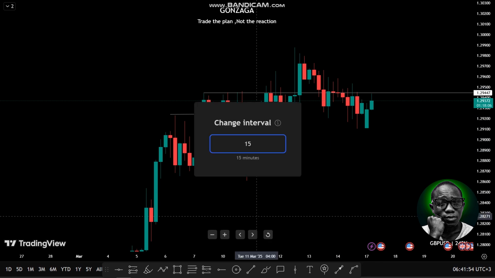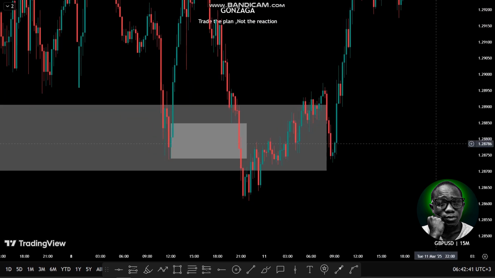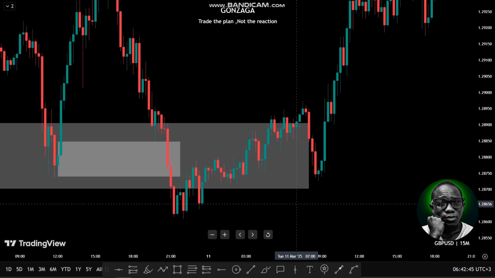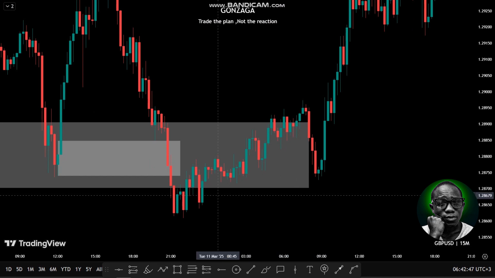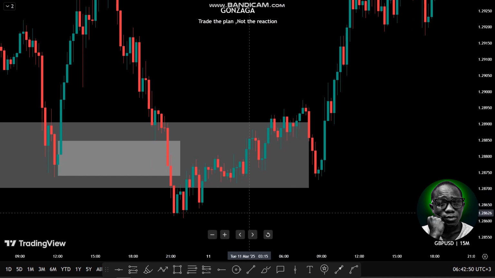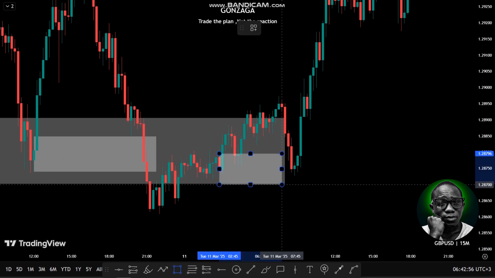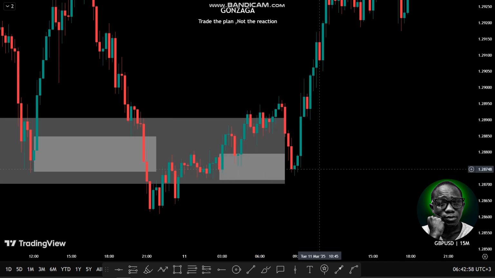So I came back. When it came back, this was the move where it came back from. It gave me this fair value gap here, and it retested it.